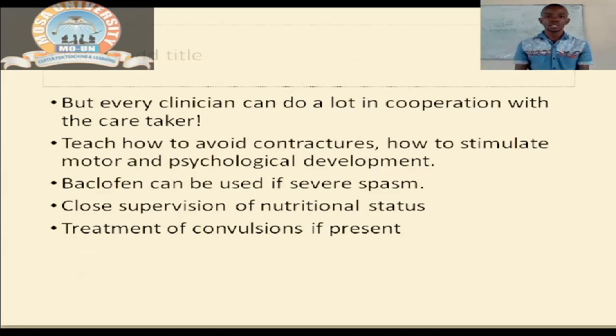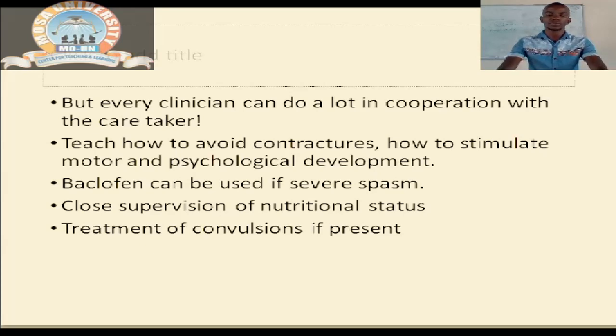We need to teach how to avoid contractures. We need to help the caretakers help the patient to stretch and do all those exercises to avoid contractures. We also need to teach them how to stimulate motor and psychological development. On top of that, baclofen can be used if there is severe spasm.